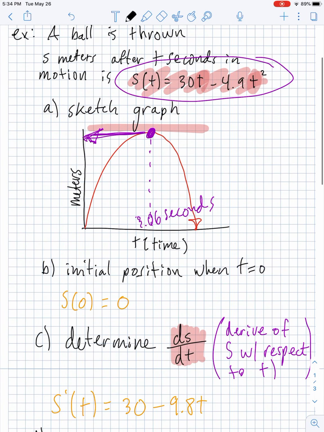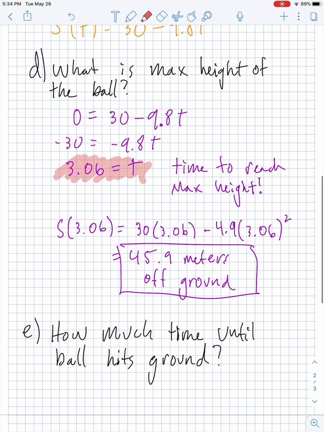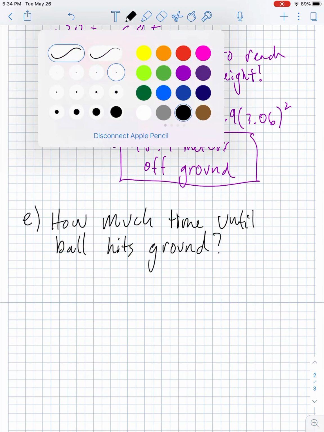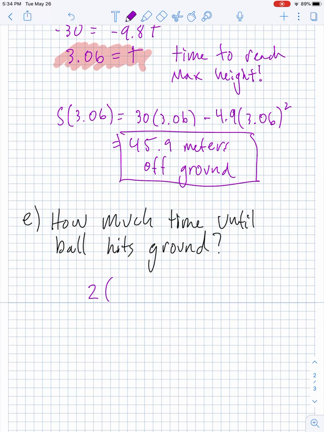But we could also be smart about this and think about the fact that parabolas are symmetrical, so the 3.06 seconds it took to get to the top of the arc is going to be the same 3.06 seconds on the other side. So just double it up. 2 times 3.06 is equal to 6.12 seconds.